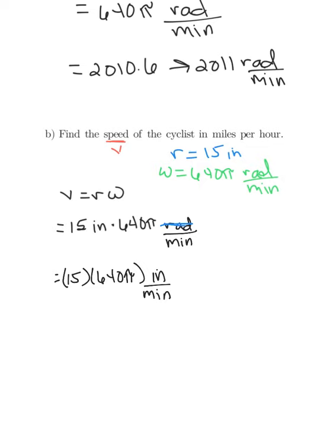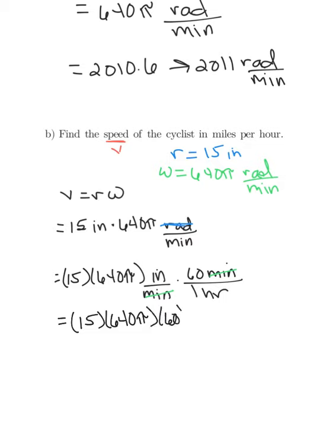Let's convert to hours. That will be quick and easy. So we need to get rid of minutes, make it hours. So we are going to do 60 minutes in the numerator and 1 hour in the denominator. So now the minutes are gone. Looking at what we have now, we have 15 times 640 pi times 60, and we have inches per hour.